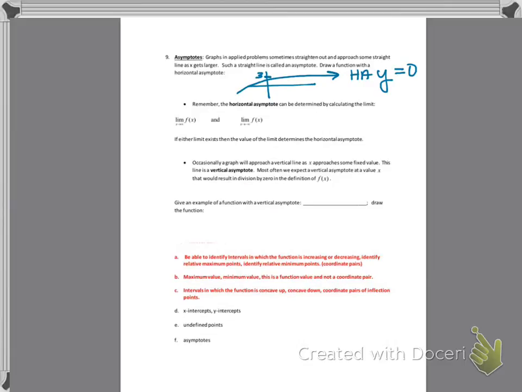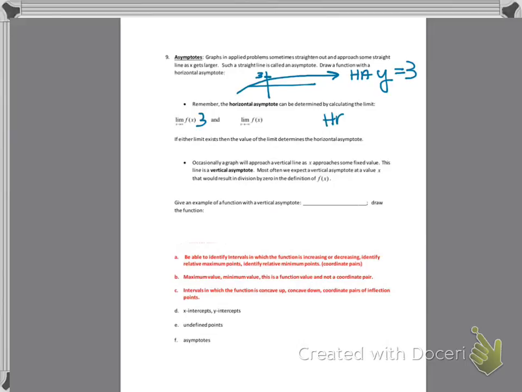So remember, when we were talking about taking the limit as x goes to infinity, that was getting us a horizontal asymptote. In this situation, the limit as x goes to infinity is going to be 3. But that's not my horizontal asymptote.